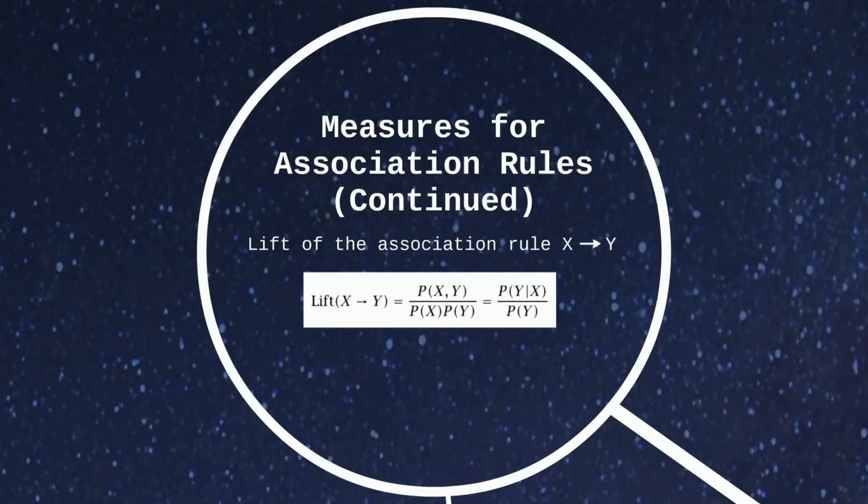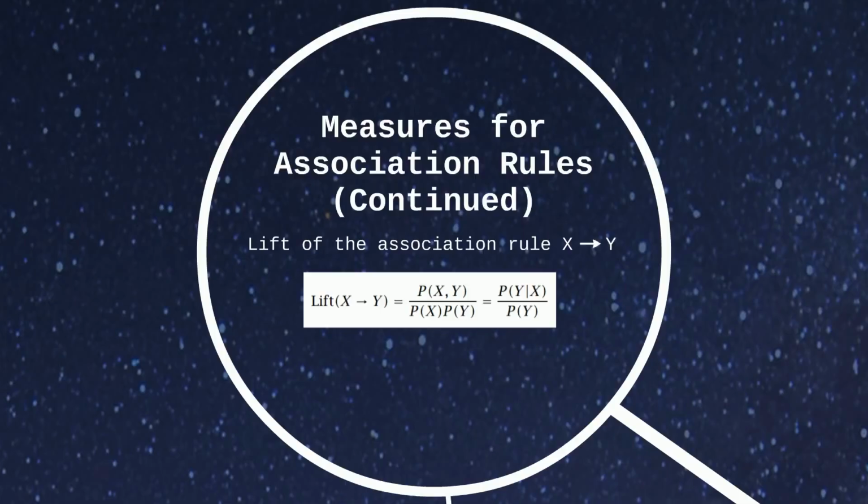If the lift is more than 1, we can say that x makes y more likely, and if the lift is less than 1, having x makes y less likely. So in our example where we had bananas and milk, if we had a large lift between those items, like a lift of 2 or 3, we could say that buying milk makes buying bananas more likely, or vice versa, buying bananas makes buying milk more likely.